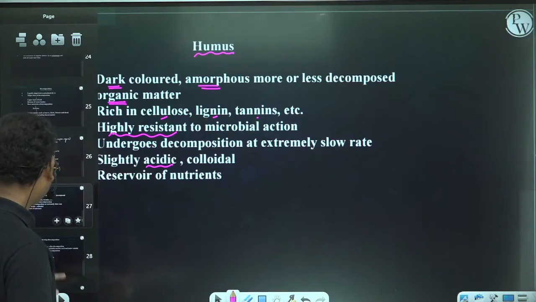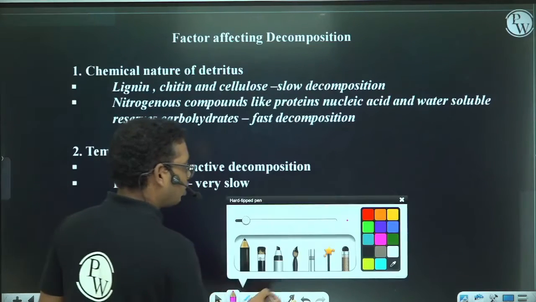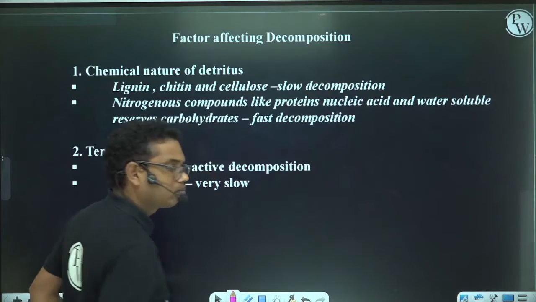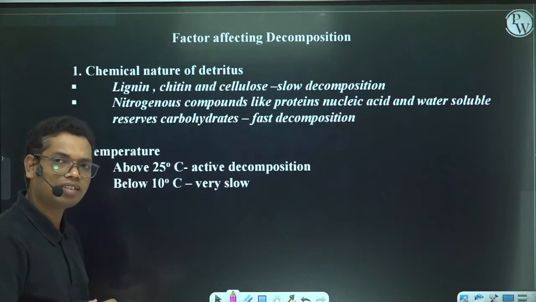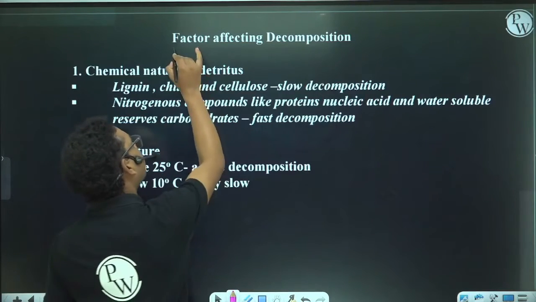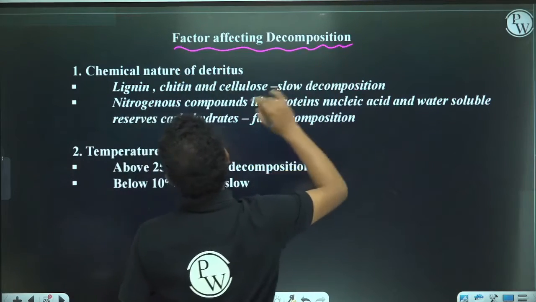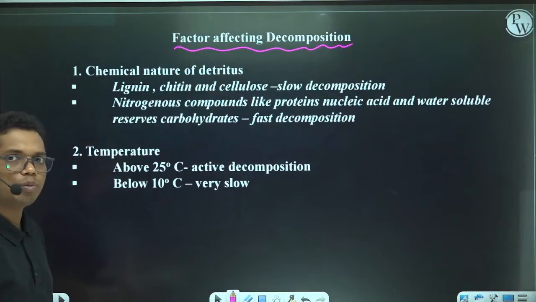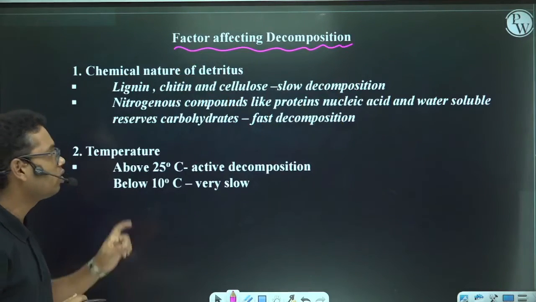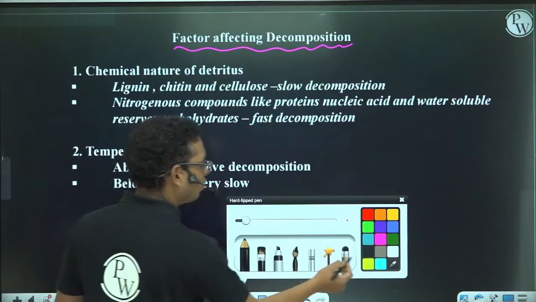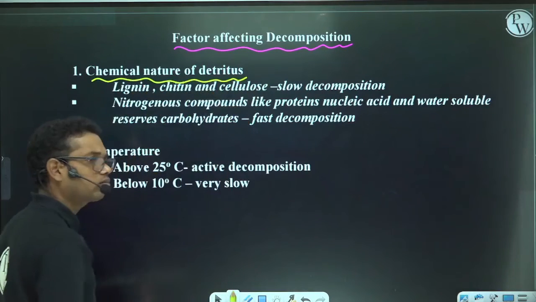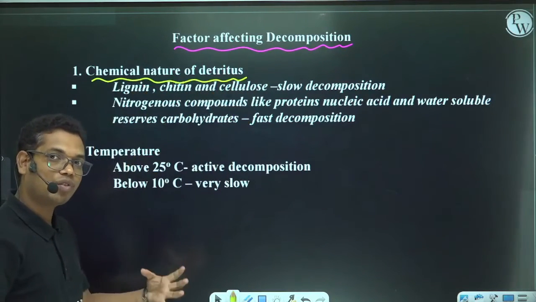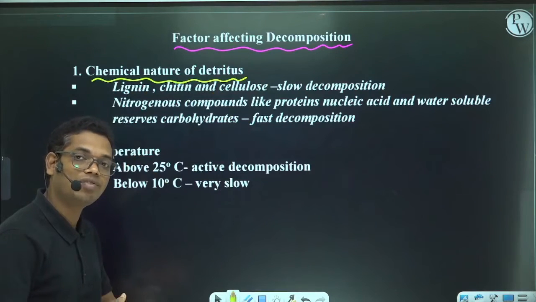Okay, now we have learned what is decomposition. So let us try to understand what are the factors which affect the process of decomposition, the rate of decomposition. The first factor is the chemical nature of the detritus. Different types of detritus undergo decomposition at different rates.